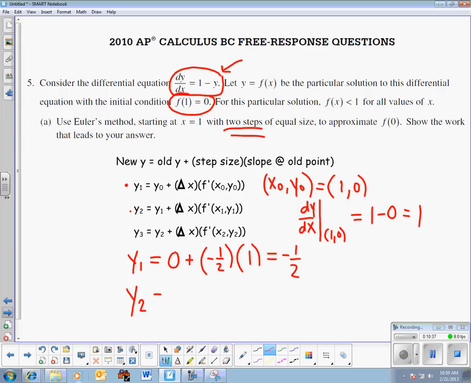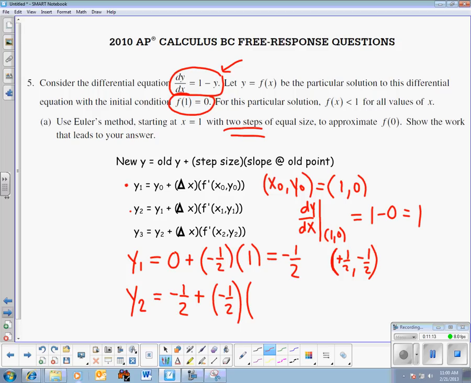My next y value is where I was, negative 1/2, plus my step size, which is always negative 1/2 in this case, times my slope at x1, y1. x1, y1 is (1/2, negative 1/2), because I started at 1 and took a step to the left, so now I'm at positive 1/2, and then there's my y1, my negative 1/2.